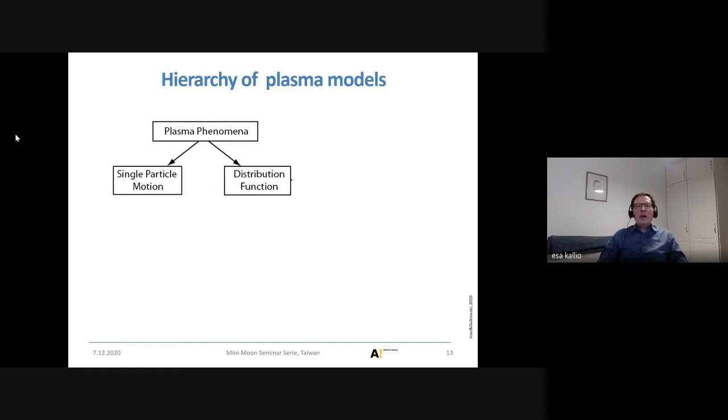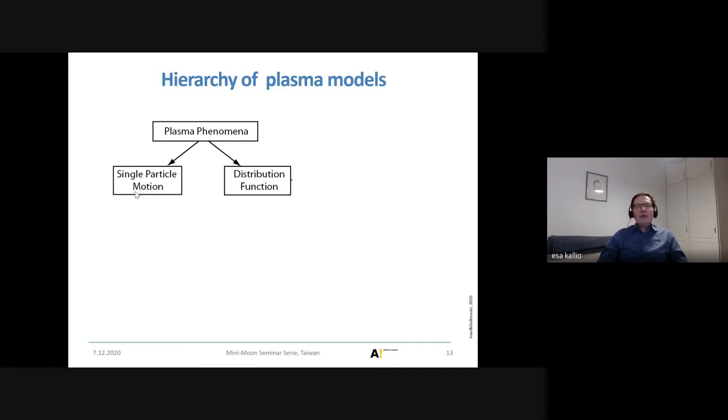If we only have a couple of particles, or some particles, maybe a million, several millions of particles, we can actually follow every individual particle in the simulation. So we can make a single particle simulation that will really follow individual particles, and we know the position and the velocity vector of all particles.